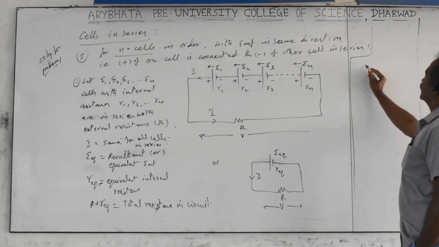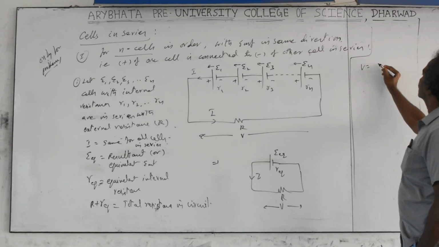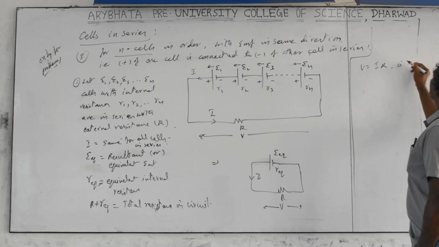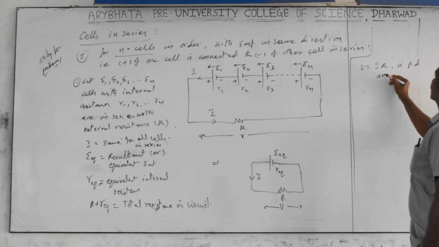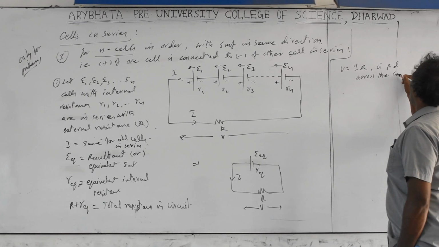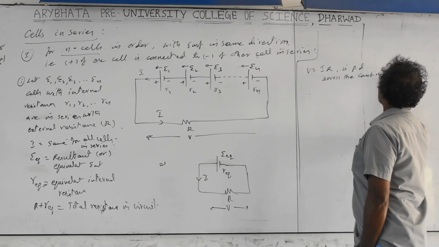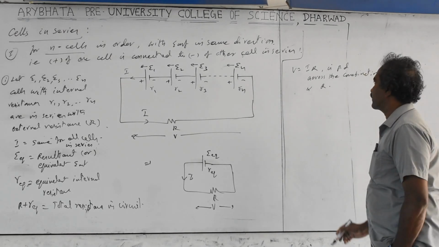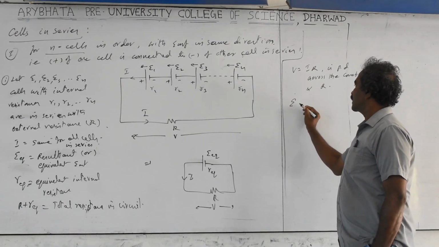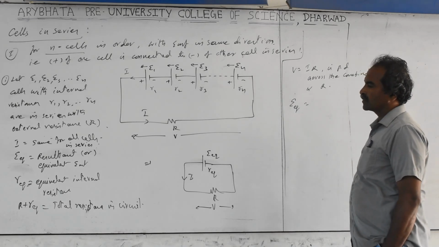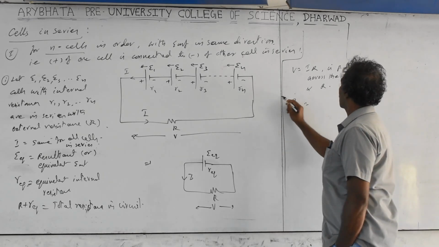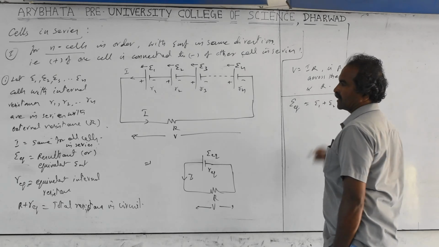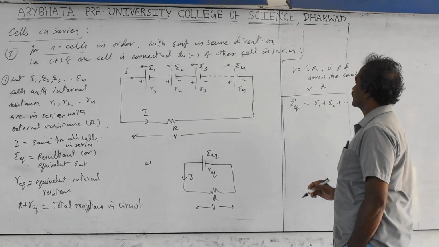R is the external resistance, and V equal to IR is the potential difference across the combination of cells, and it is the same across the resistance. So E equivalent is E1 plus E2 plus and so on plus En when the cells are in the same order.